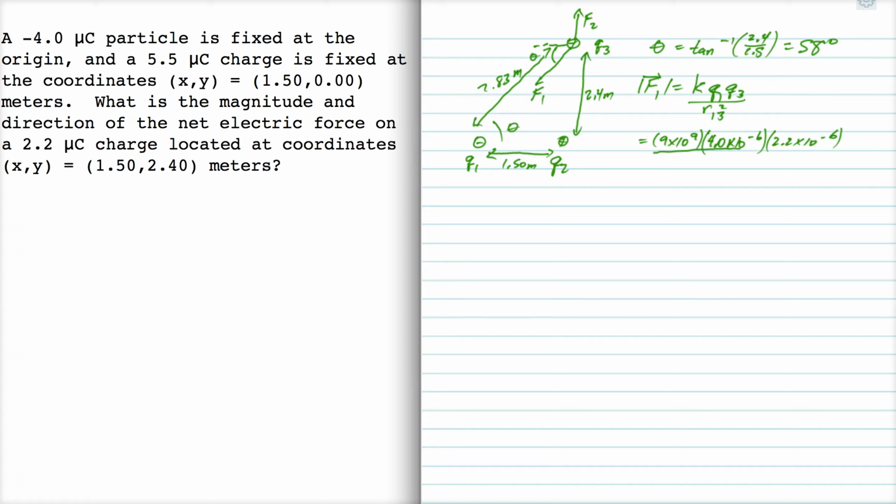And we're dividing it by our distance, 2.83 squared. So that force is 9.89 times 10 to the minus 3 newtons. Now, notice I left the minus sign off of Q1, but that's because I'm just calculating the magnitude of the force, right? Do the same thing for F2.